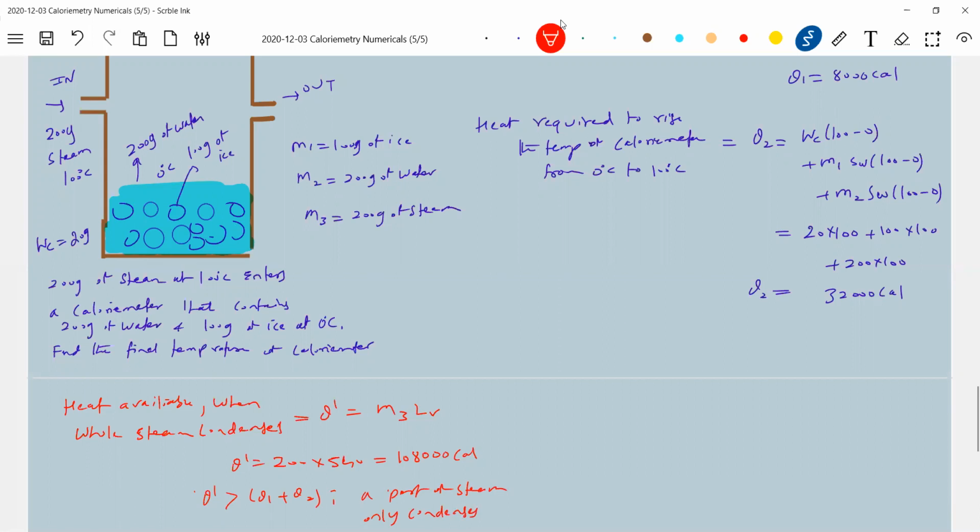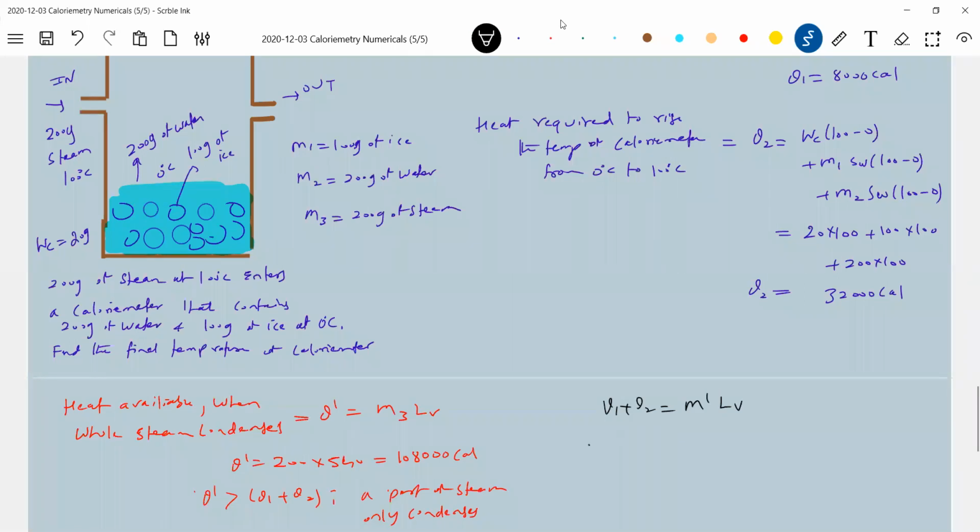So final temperature, what do you expect? 100 or less than 100? Should be 100 only. So therefore now Q1 plus Q2 equals M dash into LV. What is M dash? Mass of steam that condenses.